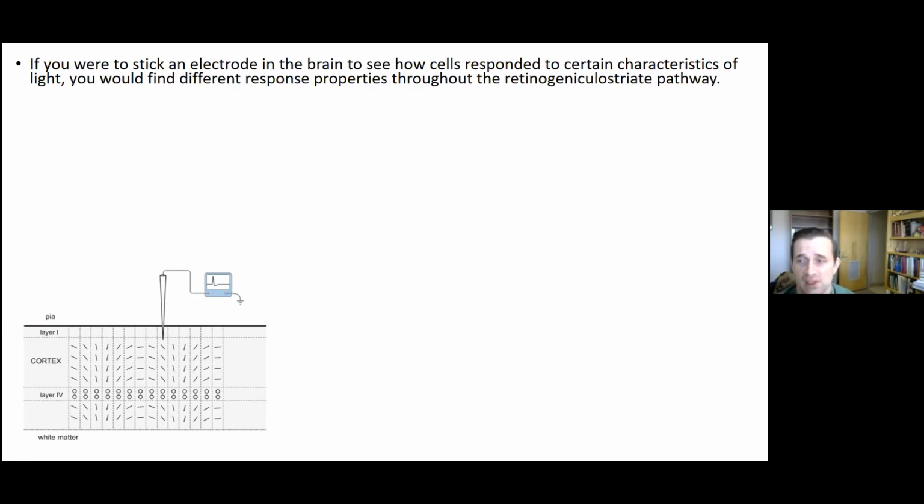It will show sensitivity to the same orientation, right? Because remember, those orientation columns have the same orientation all the way down. But if you angled the probe so that it goes through different columns, it will show sensitivity to progressively different orientations.